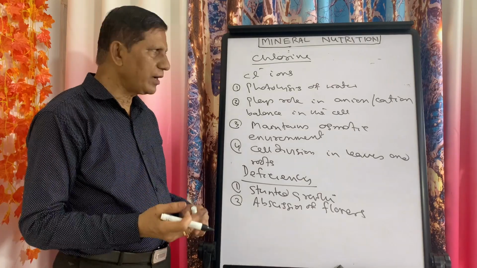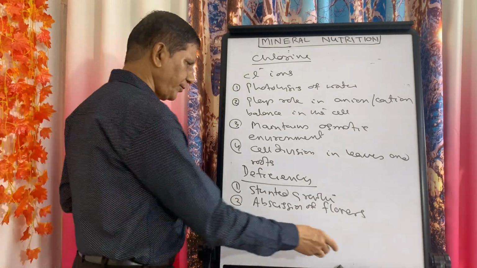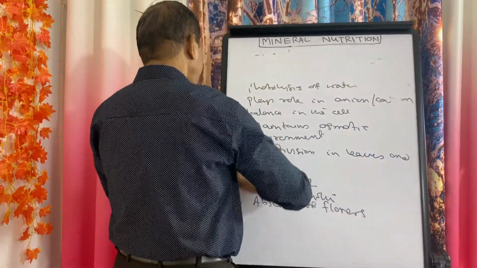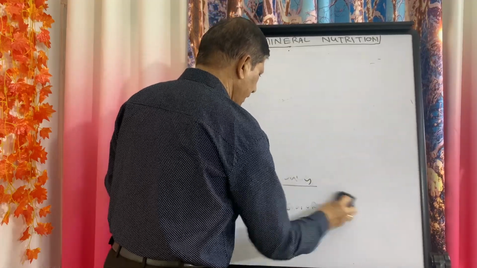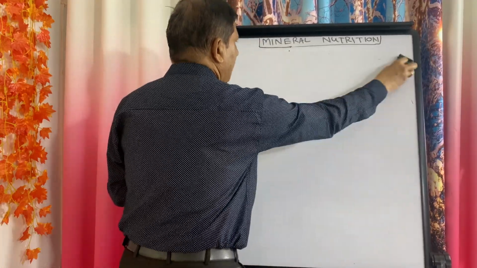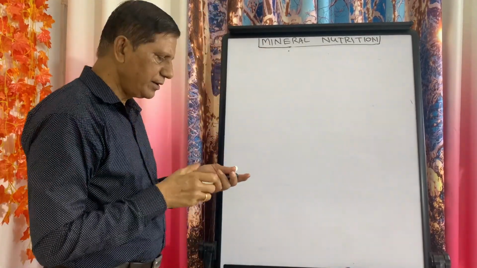Now the last one of the microelements is nickel. Nickel is also obtained from the soil in the form of nickel ions. Like other macro and microelements, its role is very limited.